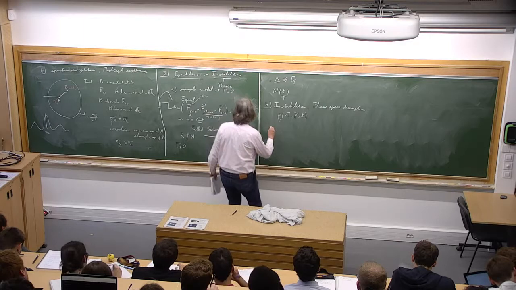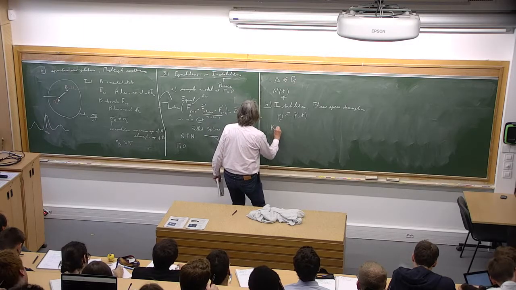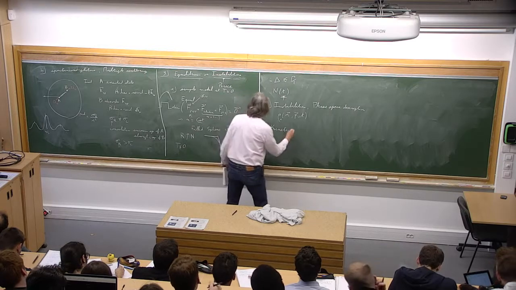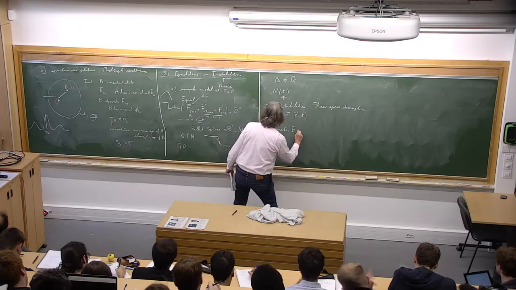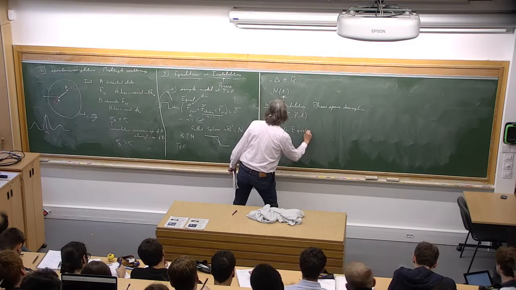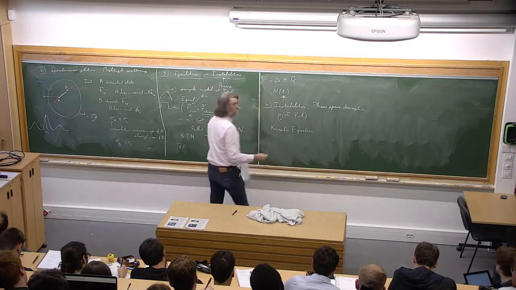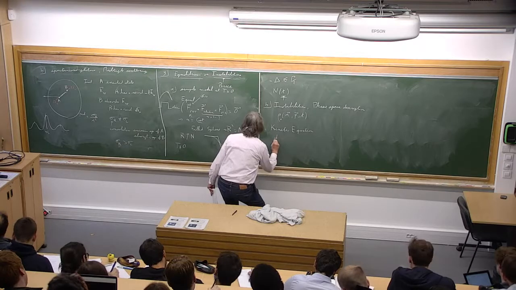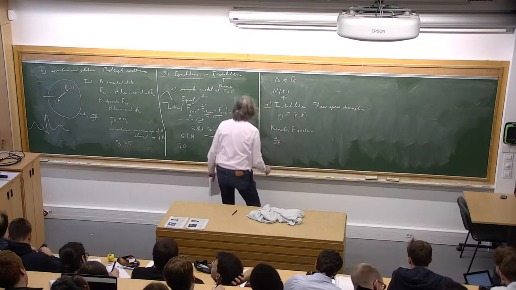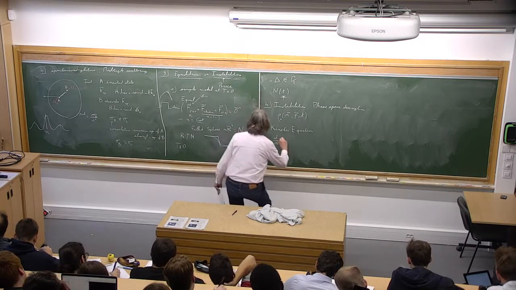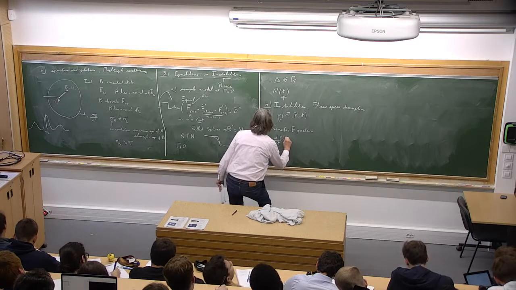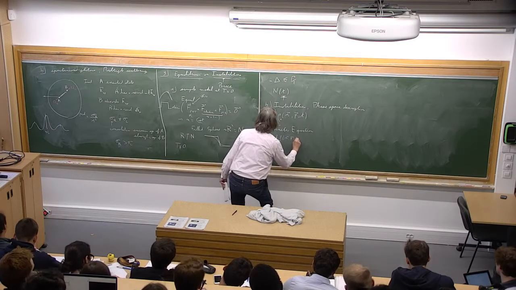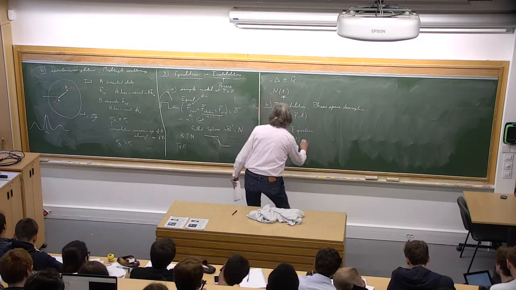So the first attempt is just to write a kinetic equation. You know that, so let's do it. You just write d divided by dt, the total derivative of rho, which depends on r, p, and t.